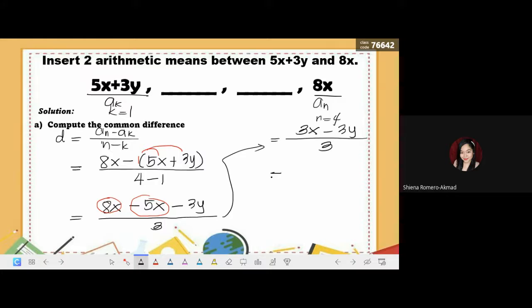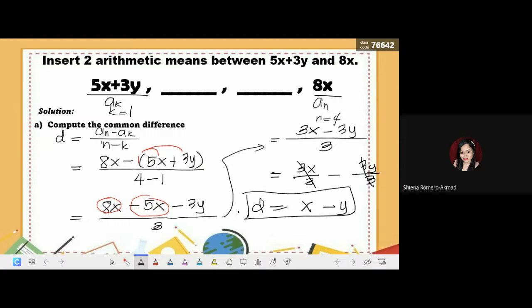So, gawin natin para ma-divide natin siya. Paghiwalay natin sila. Yung dalawang terms. 3x minus 3y. And then, pareho silang divided by 3. So, this is already 1 and this is already 1. So, 1x or x minus y na yung ating difference. Okay? So, our difference is x minus y.